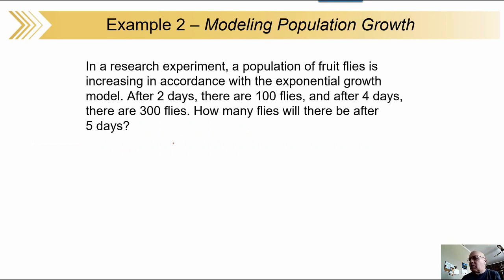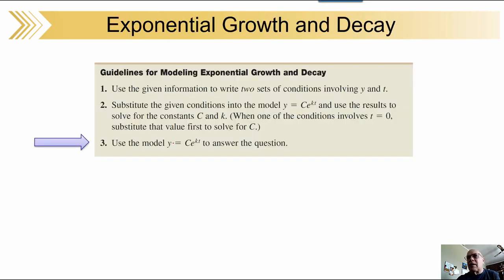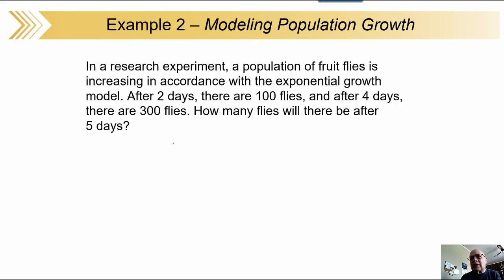First of all, the two conditions. Sneak back here. Number one, you need two sets of conditions. What have you got? Well, you've got, first of all, here are your conditions. Number one, 2 days.